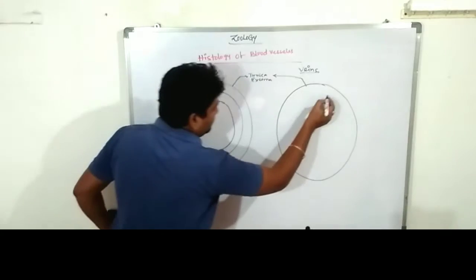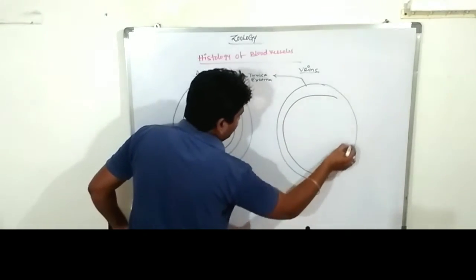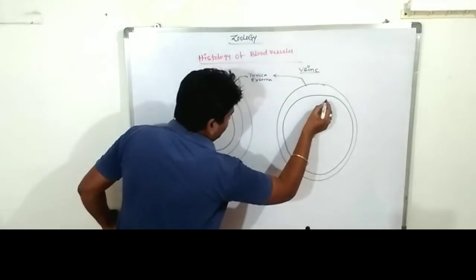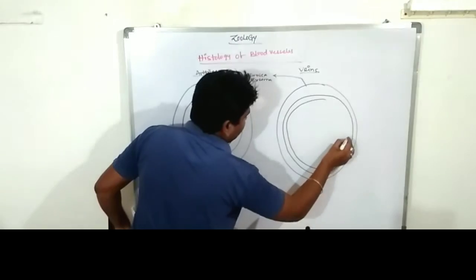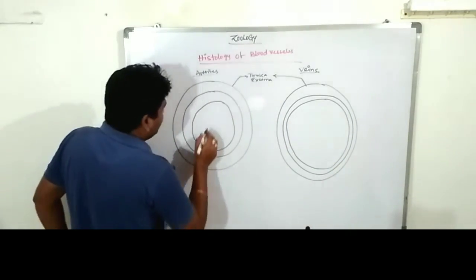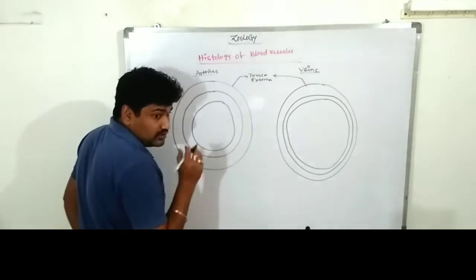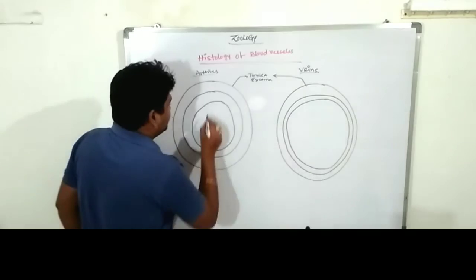This blood vessel. The veins have very little muscular tissue. The arteries consist of a huge amount of muscular tissue, present in the tunica media region.